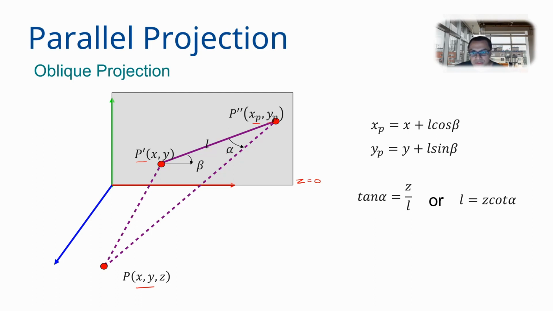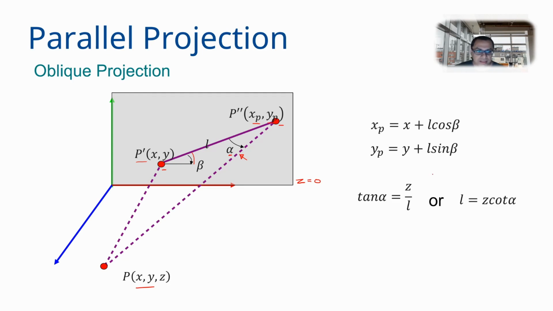Now assume that the oblique projector makes an angle alpha with the plane, and the distance between the orthographic projected point and the oblique projected point is given by L, and the angle that the vector P prime P double prime makes with the x-axis on the plane is beta. So given alpha and beta, we can characterize the oblique projection.